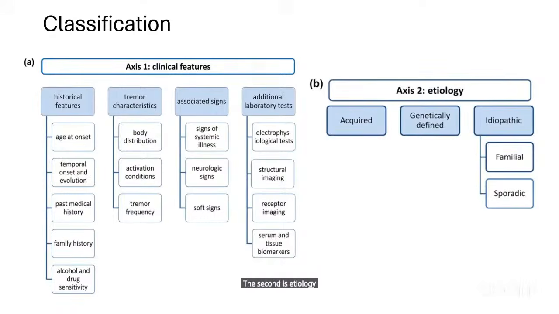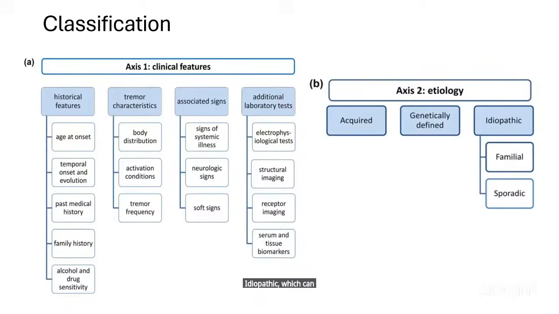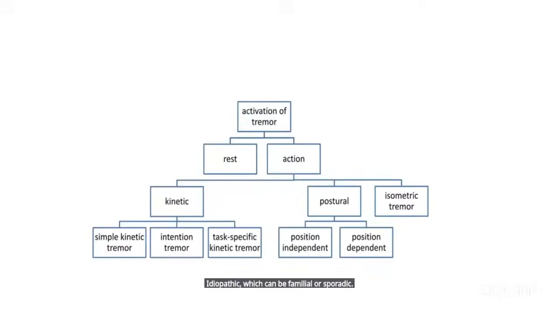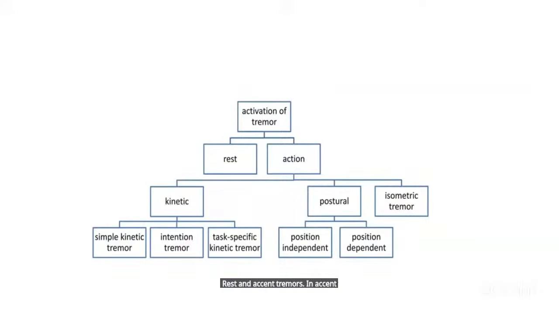So etiology is acquired diseases, genetically defined diseases, and third is idiopathic, which can be familial or sporadic. Next. Then activation of tremor. Based on activation of tremor, we can divide it into rest and action tremors. In action tremors, we have kinetic, postural, and isometric tremors.